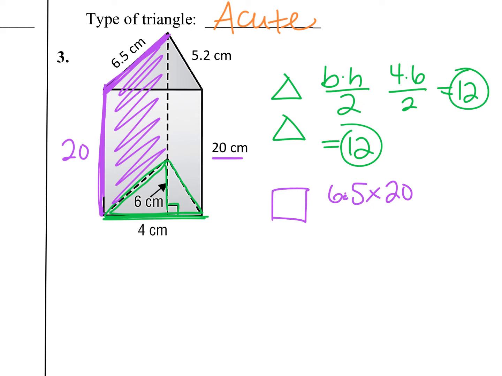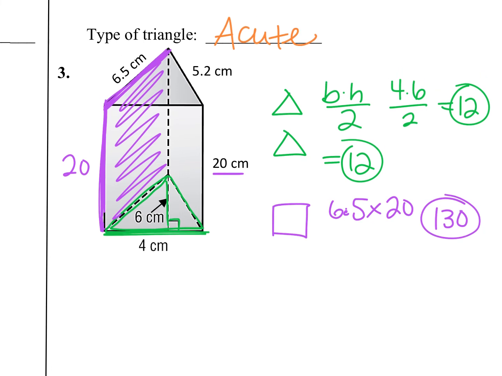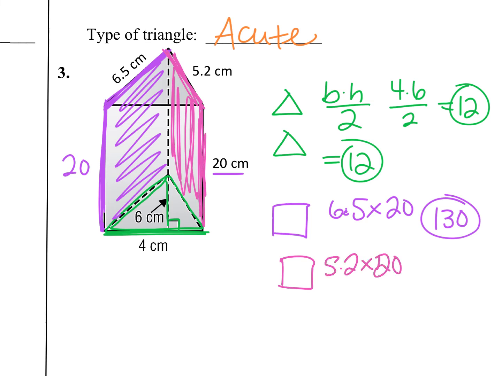And when I multiply that together, I get 130. Then I'm going to look at my next rectangle. It's going to be this edge here, which I see is 5.2 times 20. And that gets to be 104.